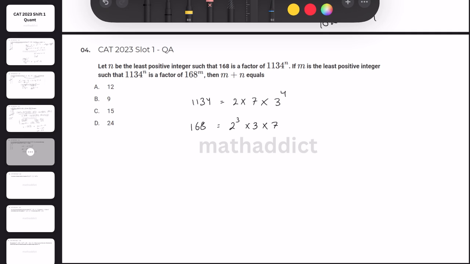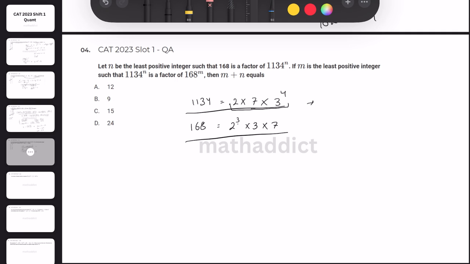So if this is a factor of this to the power of n, that means the powers of 2 should be at least 3, powers of 7 at least 1, power of 3 at least 1, because that's the meaning of something being divisible by another number.